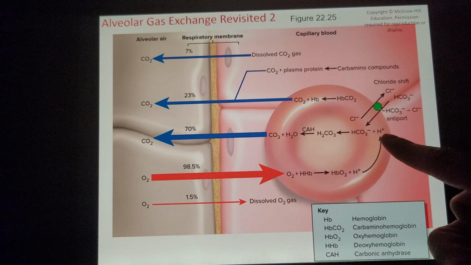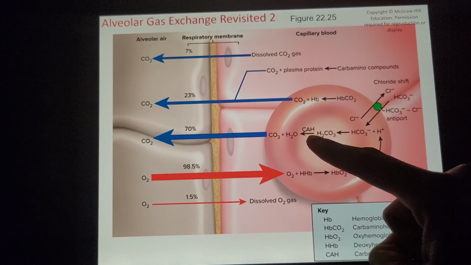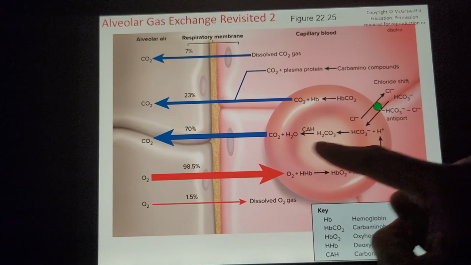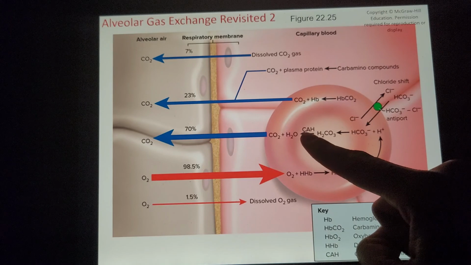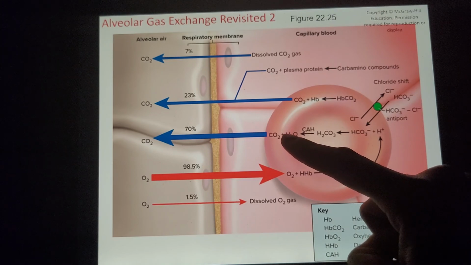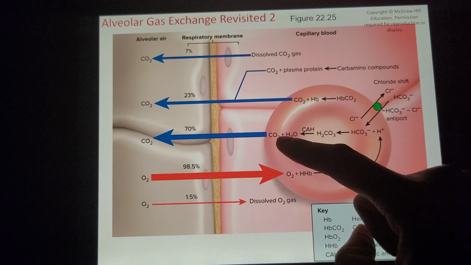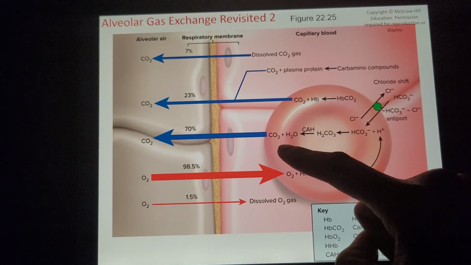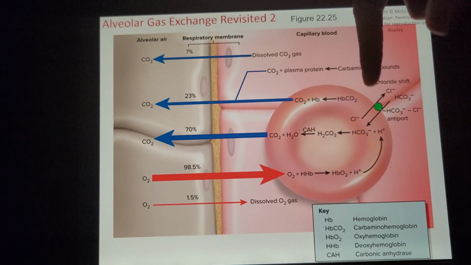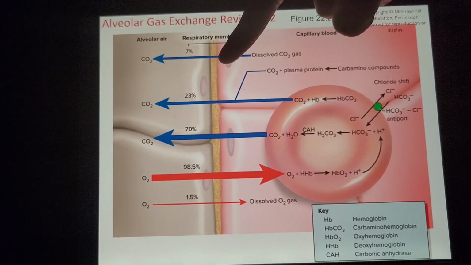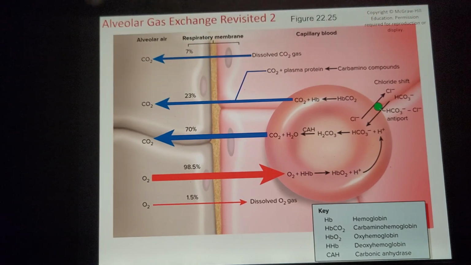Bicarbonate plus our hydrogen ion is going to make our carbonic acid. The carbonic anhydrase enzyme helps to reverse the equation, so that's going to shift it toward just being carbon dioxide and water. The carbon dioxide goes down its concentration gradient from the blood to our lungs. The rest of it unbinds from a protein and goes into the lungs, and the rest of it is just dissolved gas.